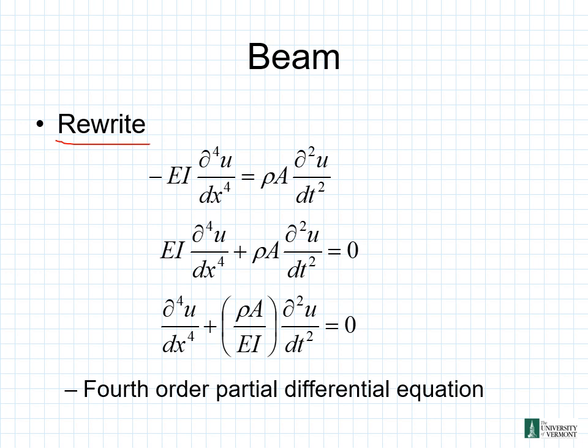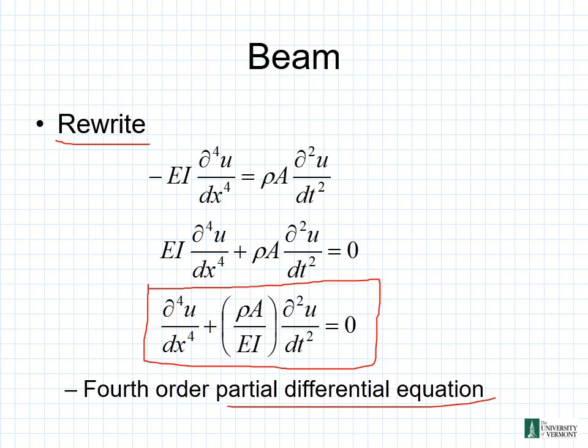We start off with the same negative EI delta fourth u over dx fourth, equal to rho A delta squared u over dt squared. Go down through some simplifications here, and we end up at the bottom with the following relationship we've boxed in here, which is a fourth order partial differential equation. You can see there's our fourth order right there, and our deltas right here make this a partial differential equation.